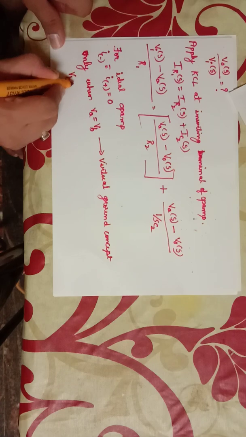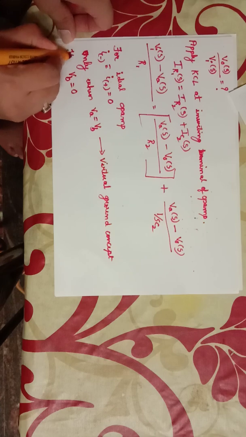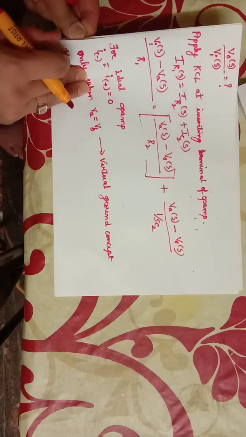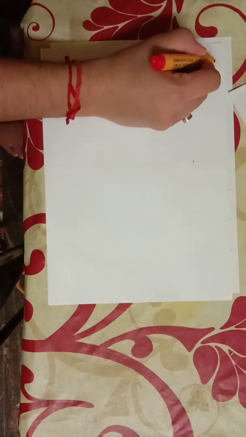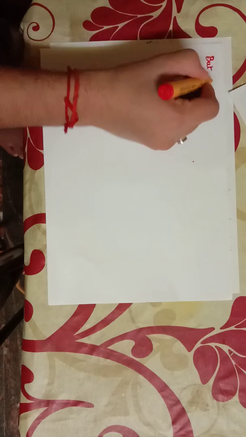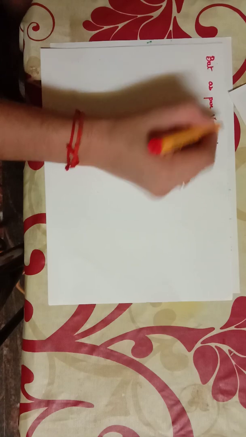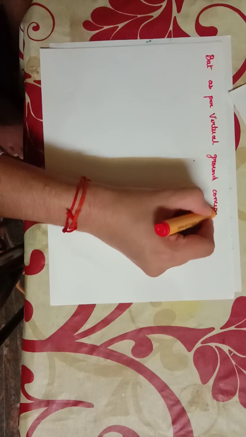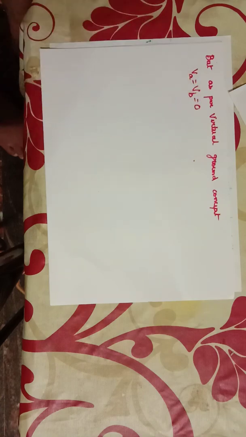But here VB is equal to 0. But as per the virtual ground concept, VA is equal to VB and that is equal to 0.